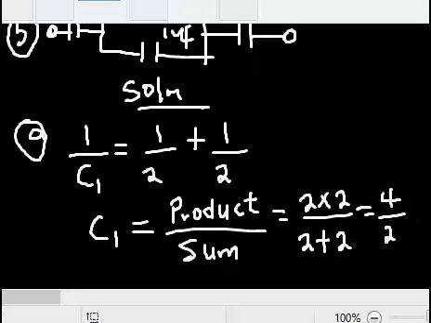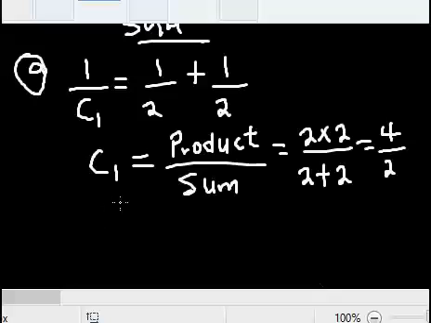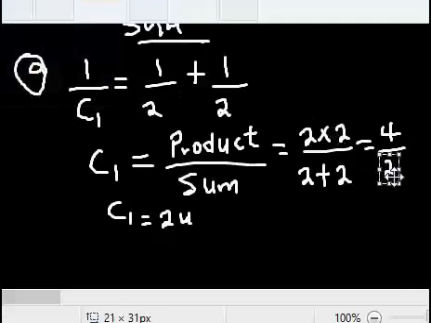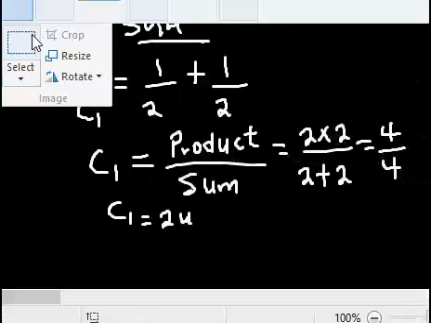So that means C1 is 2 microfarad. Oh, sorry, 4. Please pardon me. 2 plus 2 is also 4. So that should give me 4 divided by 4, that's 1 microfarad.